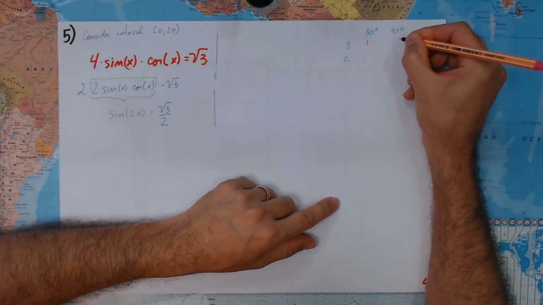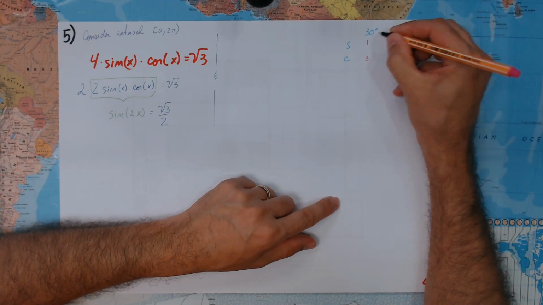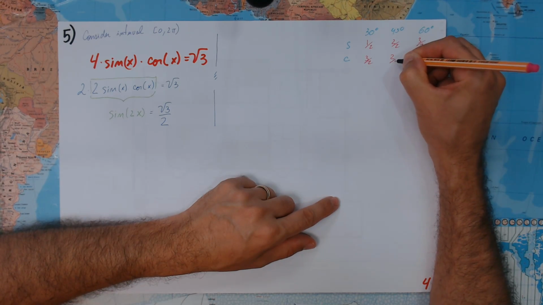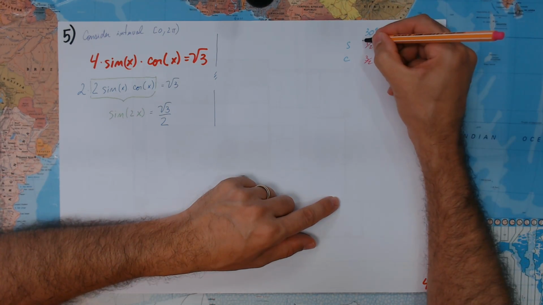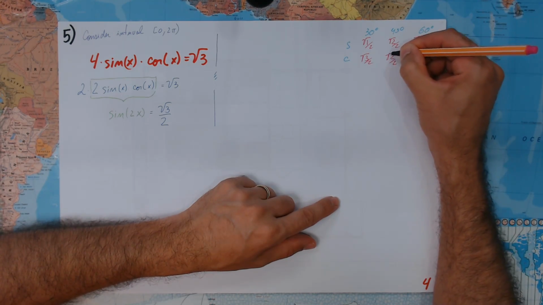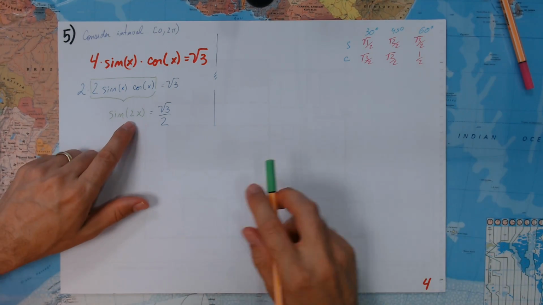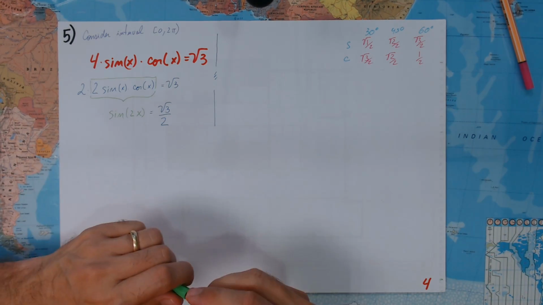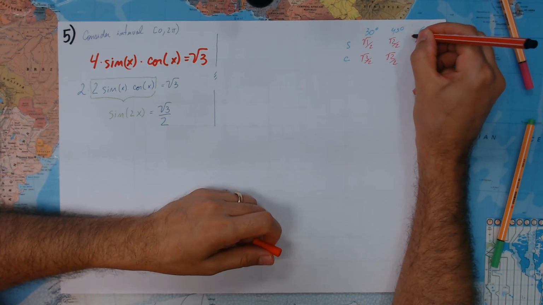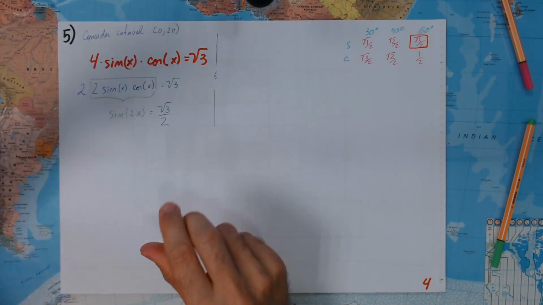This is going to be 1, 2, 3, 3, 2, 1, always divided by 2, and put the square root. Well, I don't need to put the square root in here. Well, the sine is square root of 3 divided by 2. So we are interested in this one. This one is our interest.